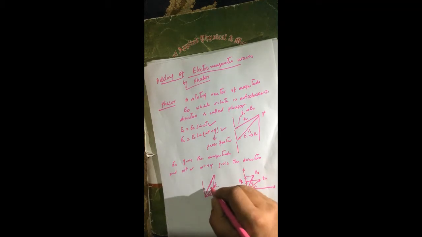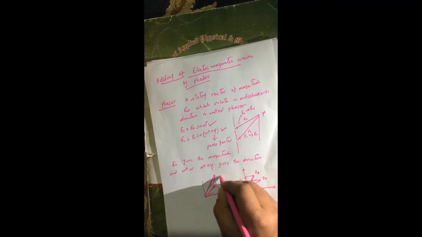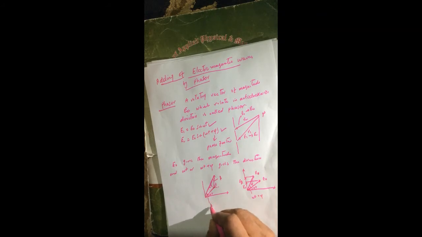Now if I draw a perpendicular from here, then this is 90, this is 90. I call this angle beta, and also I call this angle beta.